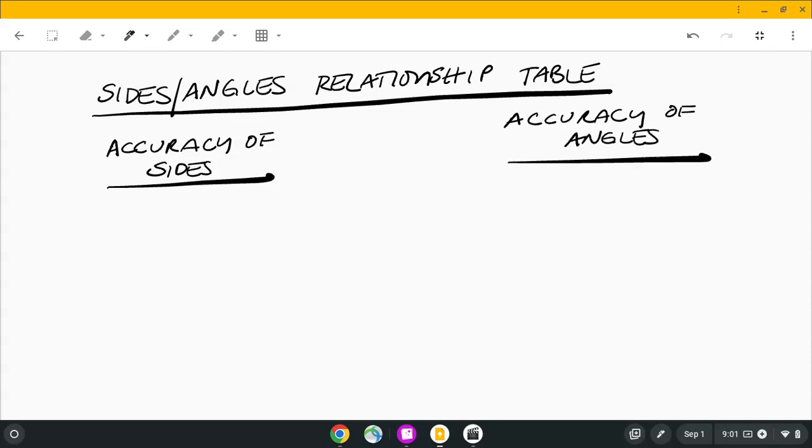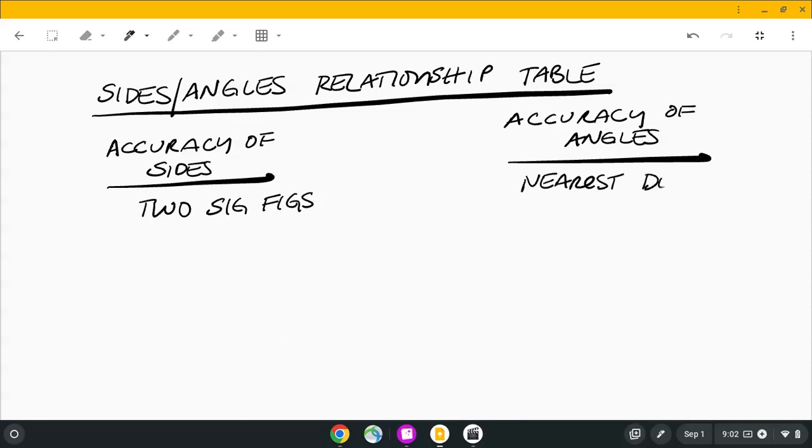If your sides are 2 significant figures, then your angles are going to be to the nearest degree.